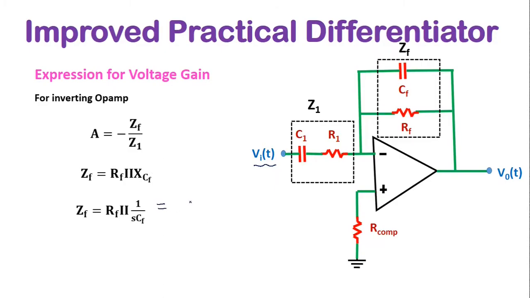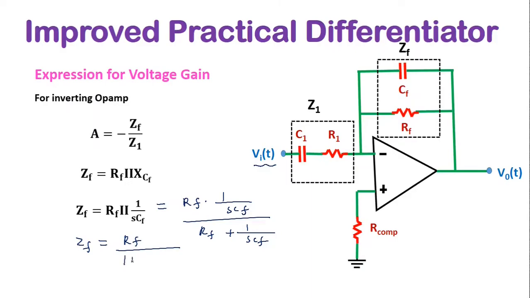Now we solve this equation, we get ZF is equal to RF into 1 upon SCF whole divided by RF plus 1 upon SCF. When we solve this equation, the feedback impedance ZF will be equal to RF whole divided by 1 plus S into RF into CF. Let this be equation number 1.